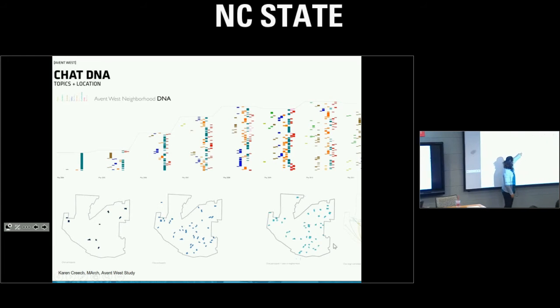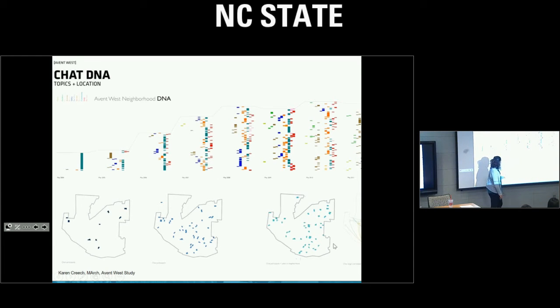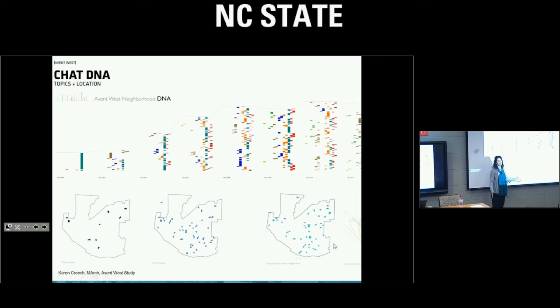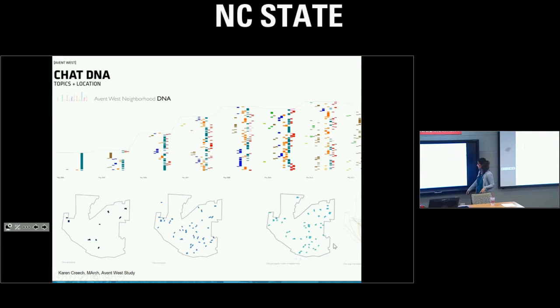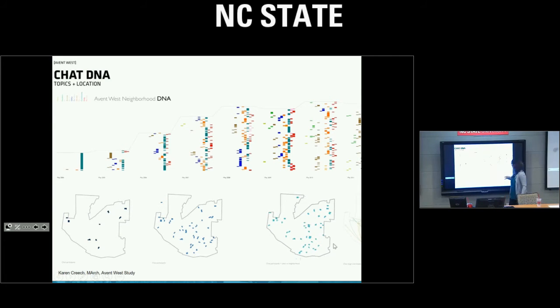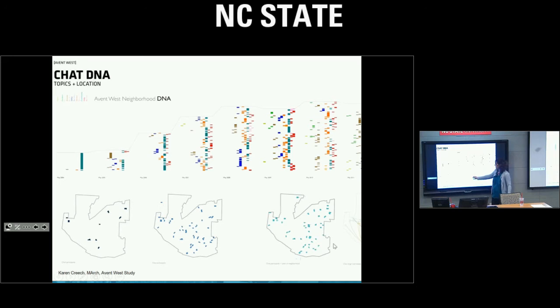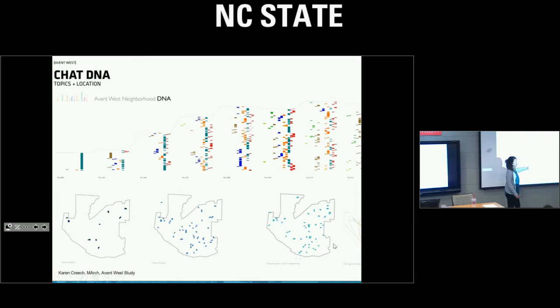These color codings are all the different topics. And then she looked at where the posts were coming from, so she could start to see the different types of people that were participating. Were they spread out or were they concentrated? They're actually quite spread out around the neighborhood.